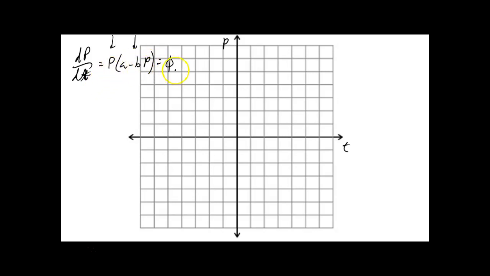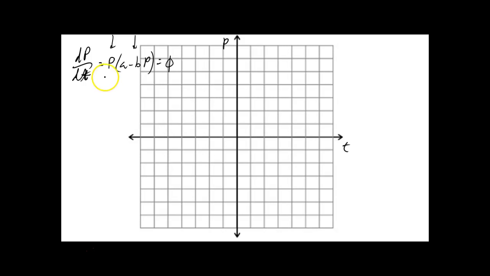If the product of two entities, that times that, is equal to 0, what does that tell you about one of those two? One of them must be 0. The only way you can multiply anything by anything else and get 0 as an answer is if one of those two things is 0.